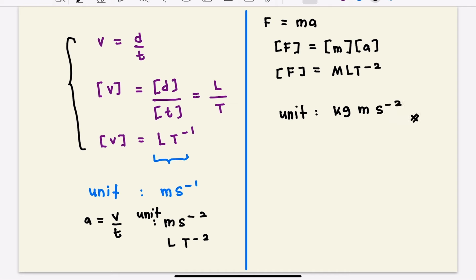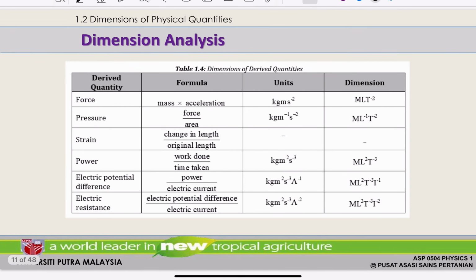So this is your unit for the force. Alright, so this is some example of dimension analysis. You can try by yourself to prove that your dimension is something like this by using this equation.